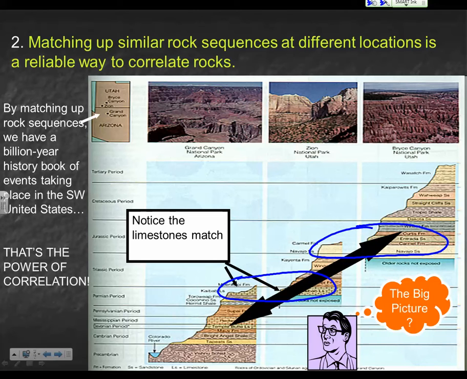But by doing that, you can get over 1 billion-year history of events taking place in this part of the southwest United States. So you have a history starting back from very old down here with the Vishnu schists in the Grand Canyon, all the way up through this last formation in Bryce Canyon National Park, Utah.